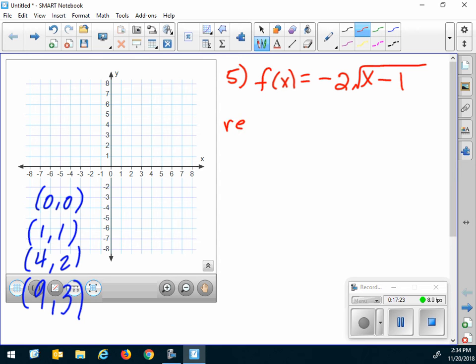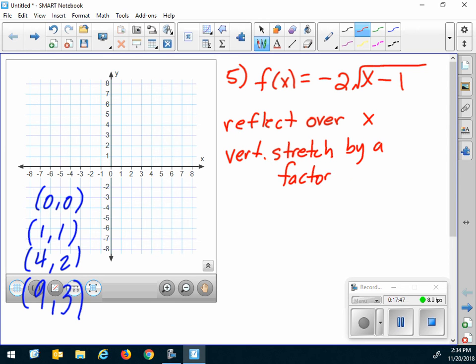Reflect over the x-axis. What kind of stretch? Vertical stretch by a factor of 2. And then right 1. Good.